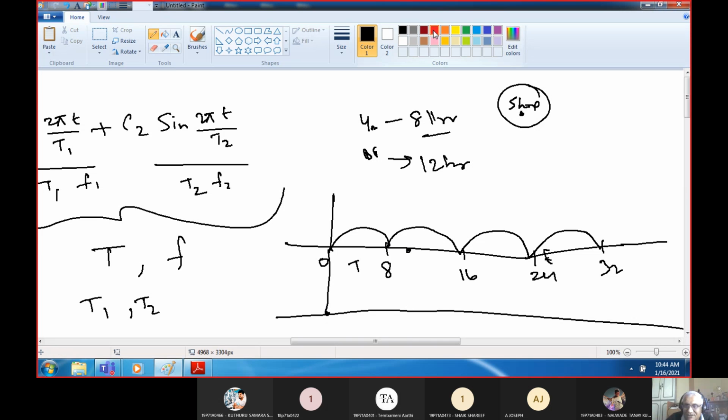So, I'll use a red pen. Then I will say your best friend is going. This is 12. When will he go again? He will go again at 24, like this here. You understand? So what is the meaning of this?